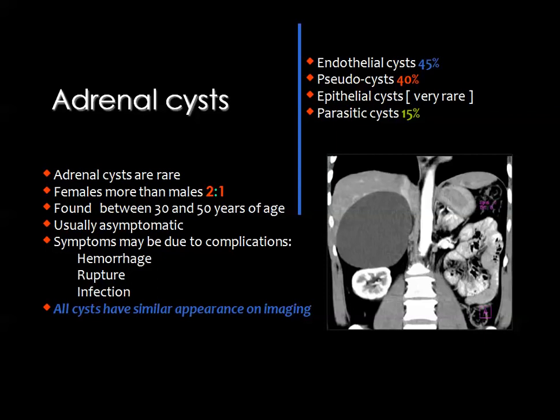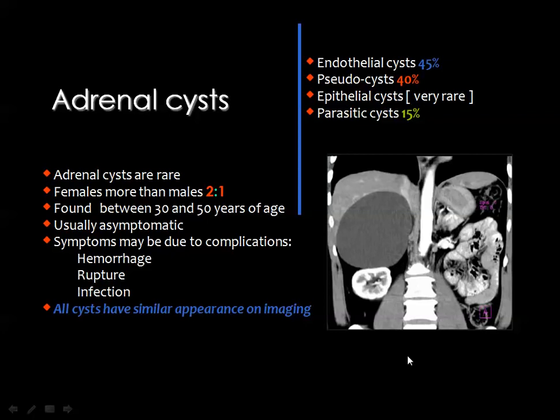Sometimes it shows marginal calcification, but this calcium does not indicate that this is a hydatid cyst in particular, since the endothelial, the epithelial and the pseudocysts may have marginal calcium.